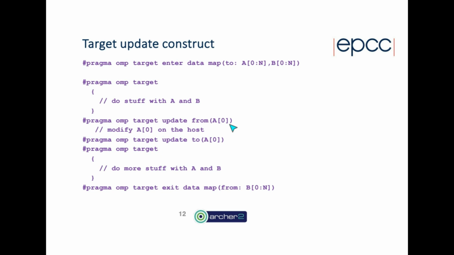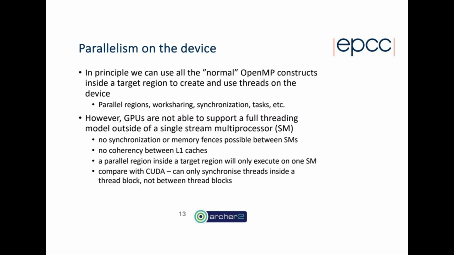So you might have this pattern where you do some computation on the device, you grab your halo data from the device back onto the host, you do some halo exchange in MPI, and then you push the received new values of your halo back to the device again, and then carry on computing. Okay, so that's essentially how all the data movement works.